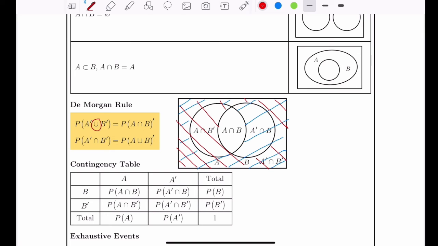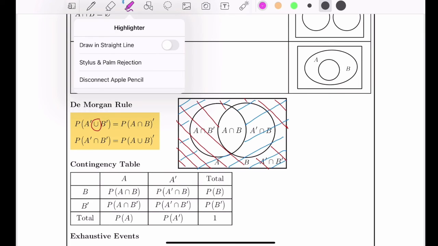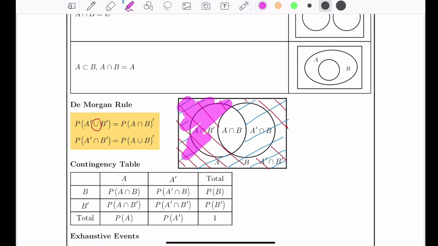So as we can see here, it means everything in this region that is shaded. So everything in the sample space except for the intersection between A and B. So that's why P(A prime union B prime) equals the probability of (A intersect B) prime. Everything that is not A intersect B.